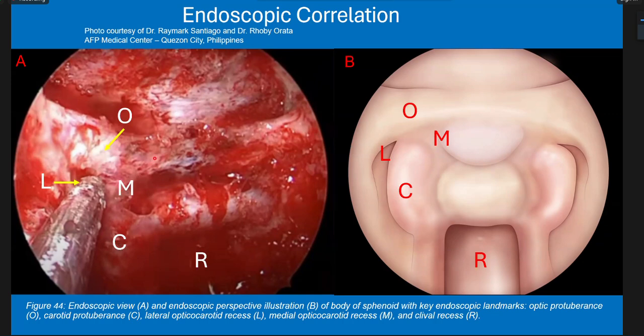So at the junction between the optic and carotid protuberance, you can see the medial opticocarotid recess, and you also have the lateral opticocarotid recess that corresponds to the base of the optic strut. So we were talking about optic strut earlier. From the endoscopic perspective, that corresponds to the lateral opticocarotid recess.